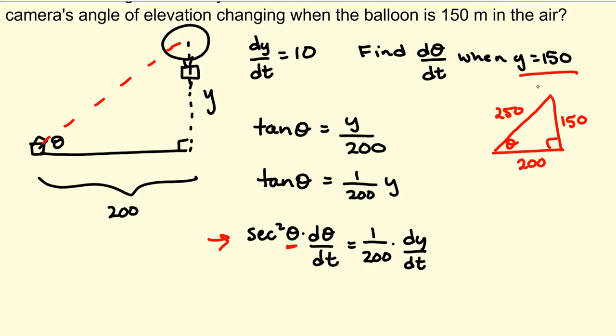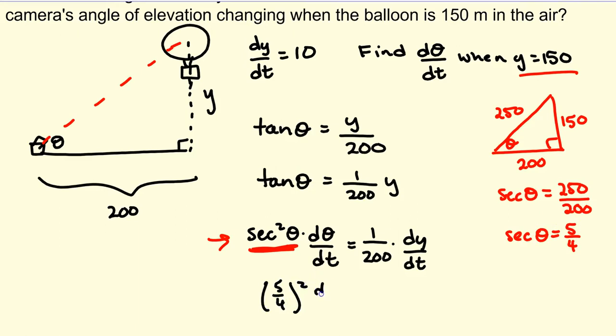Hypotenuse would turn out to be 250. And actually we don't need theta, we need secant theta, right? To find secant theta, we would take the hypotenuse over the adjacent, which does reduce to 5/4, and then we can square that. So we have 5/4 squared times d theta/dt equals 1/200th times 10.